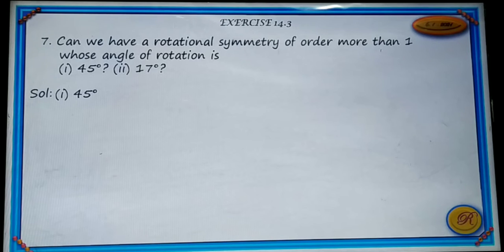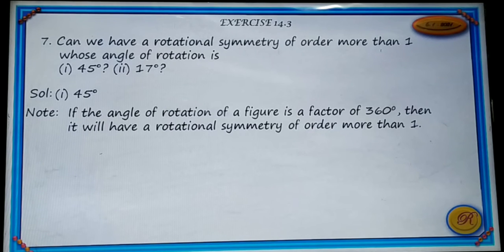Before going to the solution, let us know one note. If the angle of rotation of a figure is a factor of 360 degrees, then it will have a rotational symmetry of order more than 1.